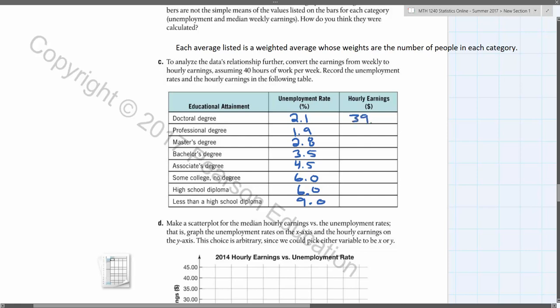So we'd have 39.78 for the first one, 40.98, 33.15, 27.53, 19.8, 18.53, 16.70, and 12.20.